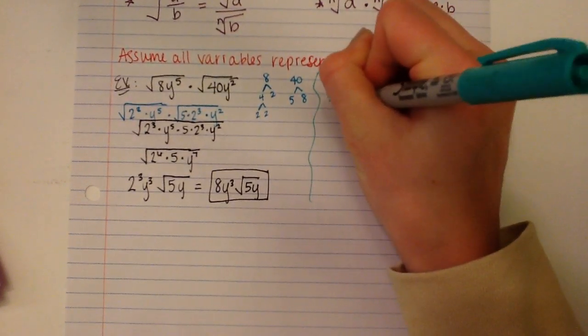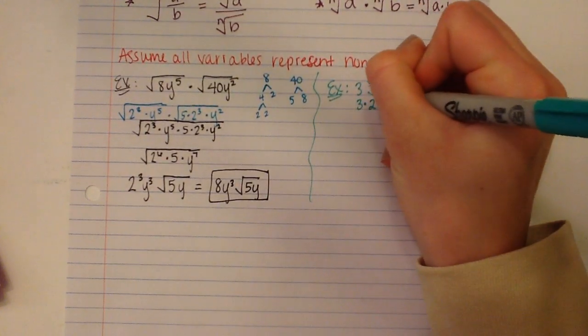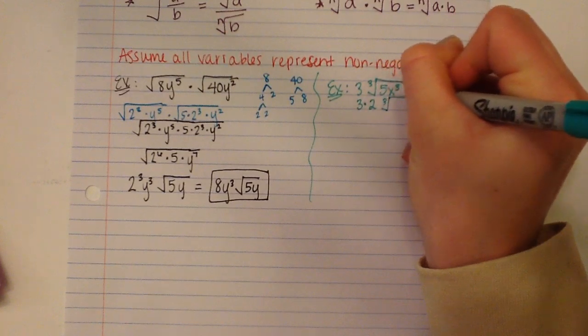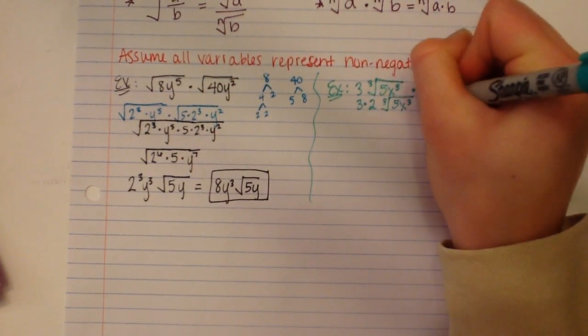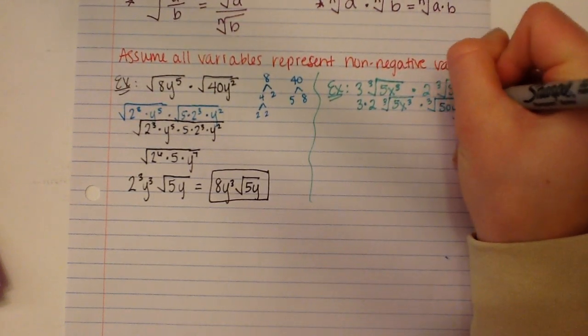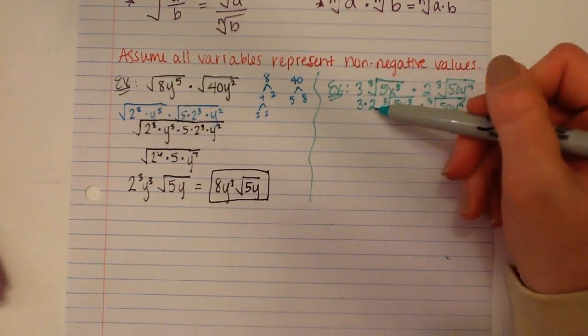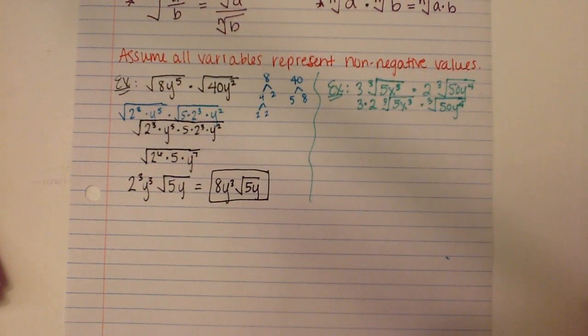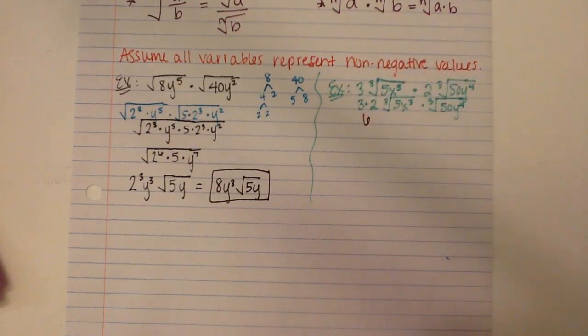So we can have 3 times 2, and we still have times the cube root of 5x cubed times the cube root of 50y to the 4th. So all we did from here to here was move our numbers out in front that we're going to multiply together. So 3 times 2 gives us 6. So we have 6 out in front.